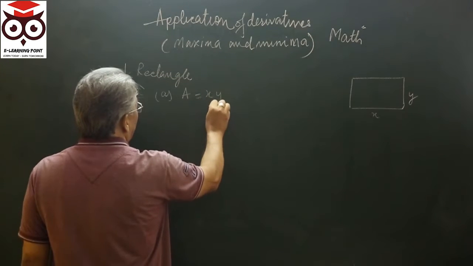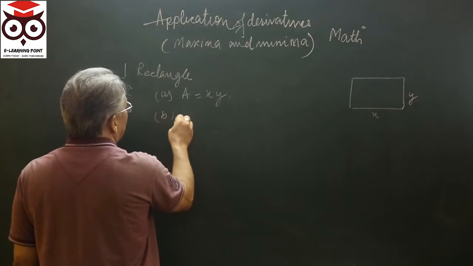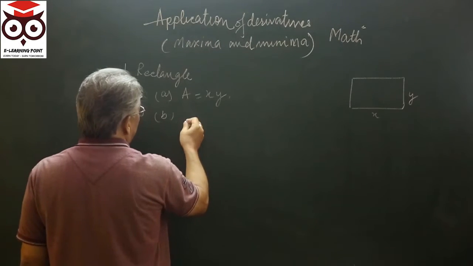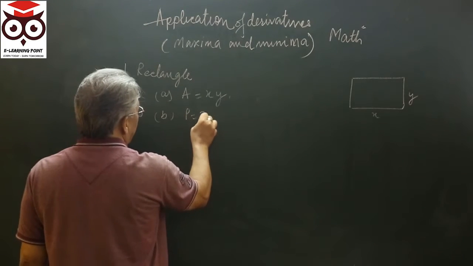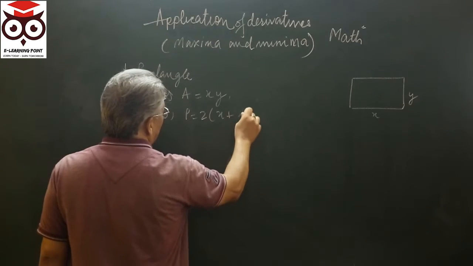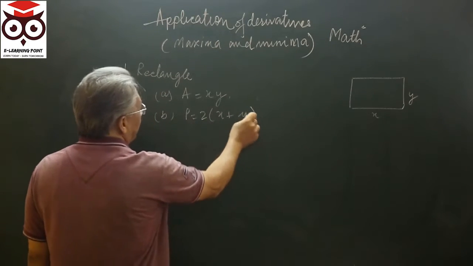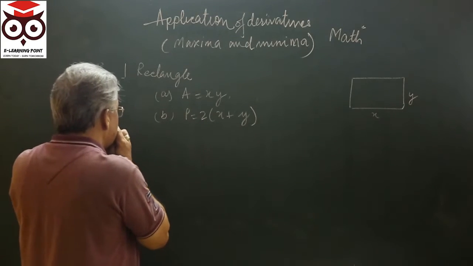Area is equal to xy. What is the other? This is called perimeter. So perimeter is equal to x plus y. Right? This is the rectangle formula.